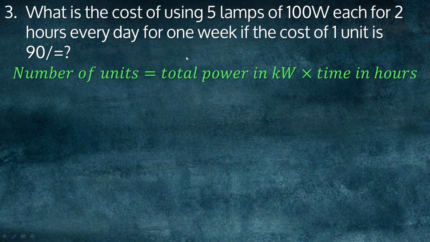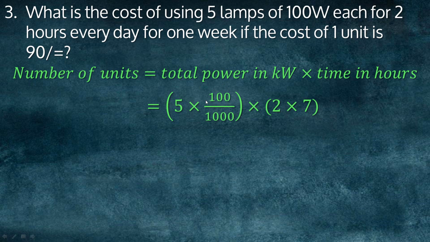So back to our formula, number of units is equal to total power in kilowatts times time in hours. Now the total power in kilowatts will be, each lamp is rated 100 watts. Therefore, convert that to kilowatts by dividing by 1000.